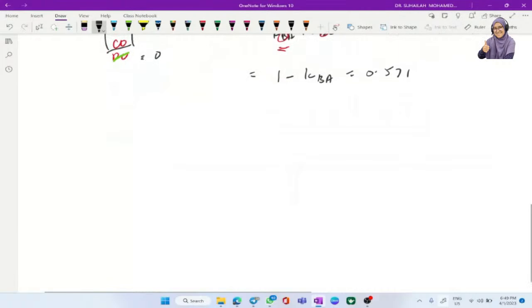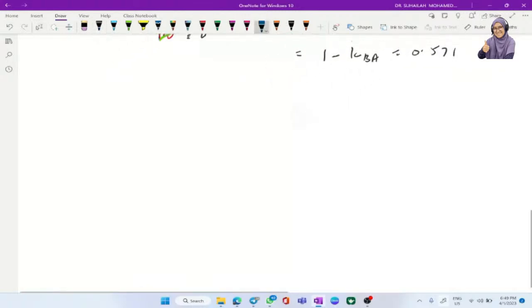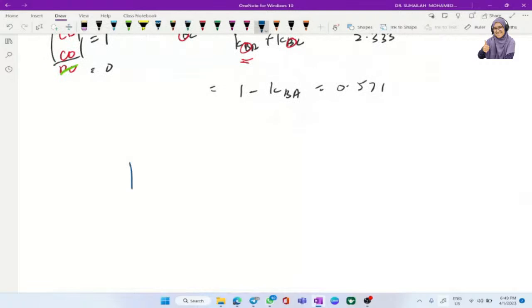Okay, so now we move to fixed end moment. The concept is representing behavior. For example, if this beam AB is subjected to a point load, or maybe a UDL, or any type of loading along the member, it will produce deflection.